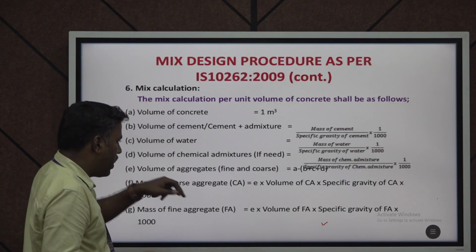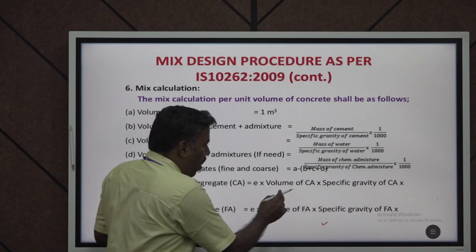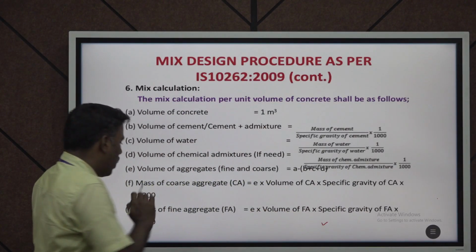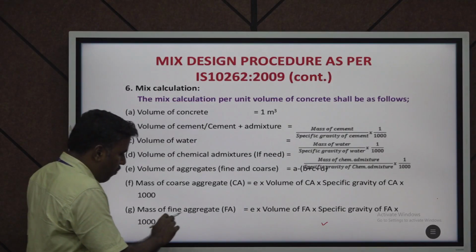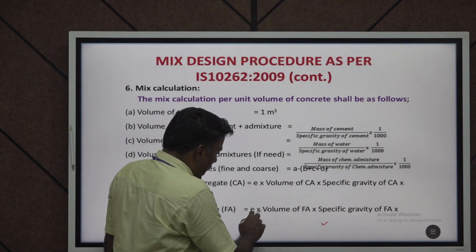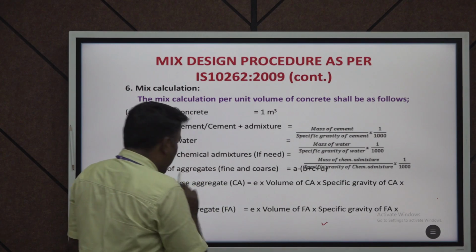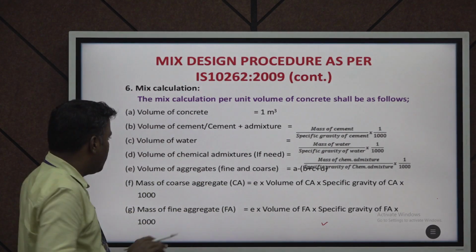Then mass of coarse aggregate equals E into volume of coarse aggregate into specific gravity of coarse aggregate into 1000. Then mass of fine aggregate equals E into volume of fine aggregate into specific gravity of fine aggregate into 1000. So this is the formula.